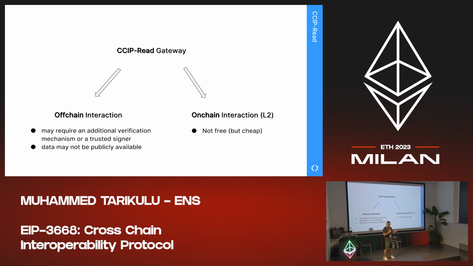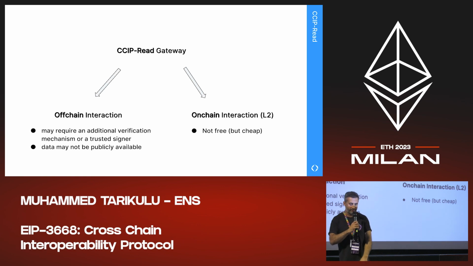Basically, you can run your own gateway and keep all the information in a simple database. You don't have to use the L2 or any blockchain technology there. When the user queries the blockchain, the gateway will just check your database, see if there's information, and provide it to the user.